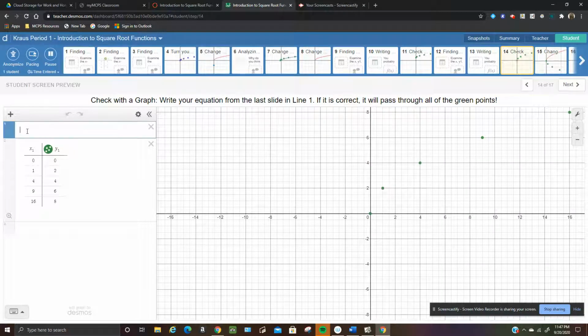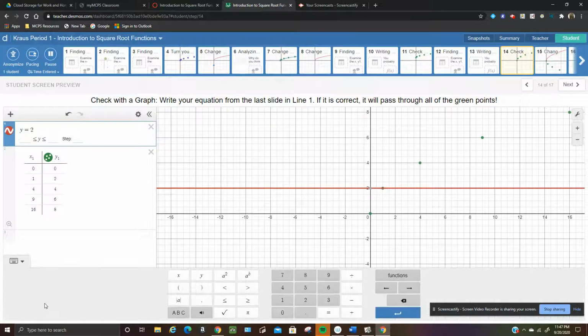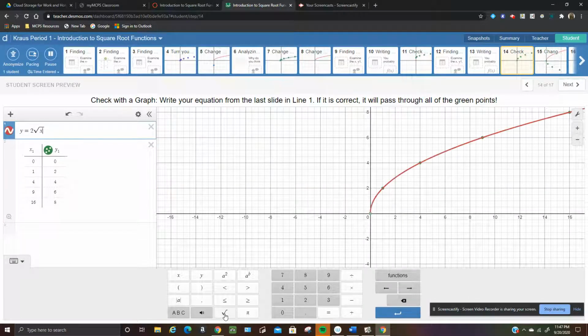And check in the graph here. So using the keyboard, 2 times the square root of x connects the points together correctly.